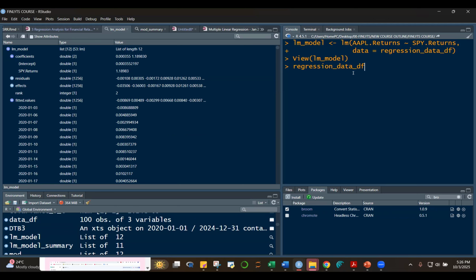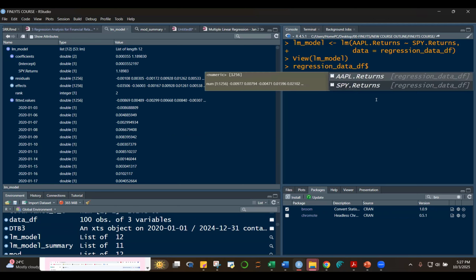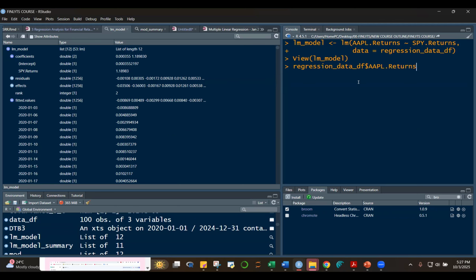Regression data DF, ito class yung combined returns natin na ginawa nating data frame. And then dollar, kasi Apple returns at saka SPY returns yan eh. So Apple returns, no? Okay? Ito yung Y sub I natin, di ba? Apple returns. And then kunin natin yung first element, 1. Yan class. So, let's call this Y sub 1. Y1. Yan.